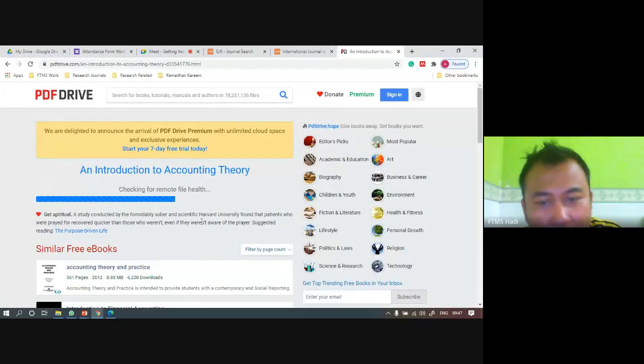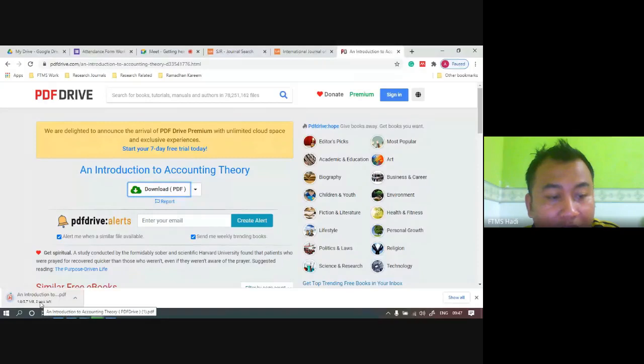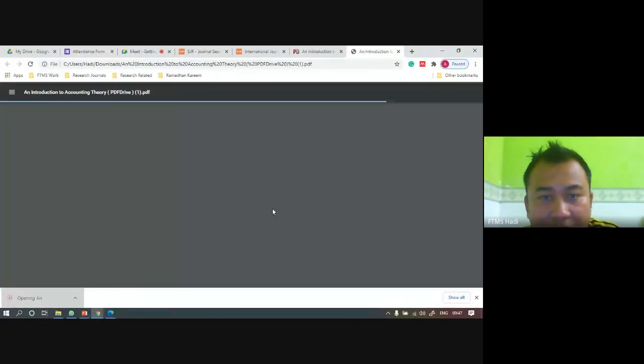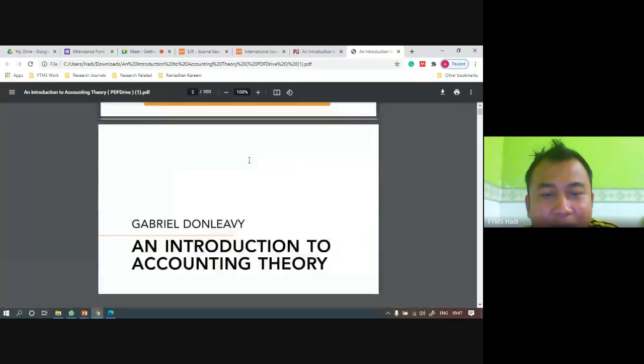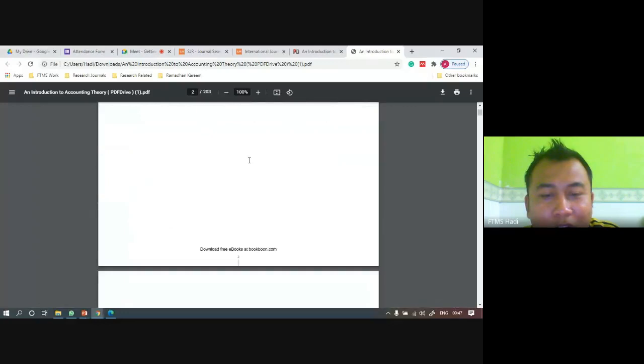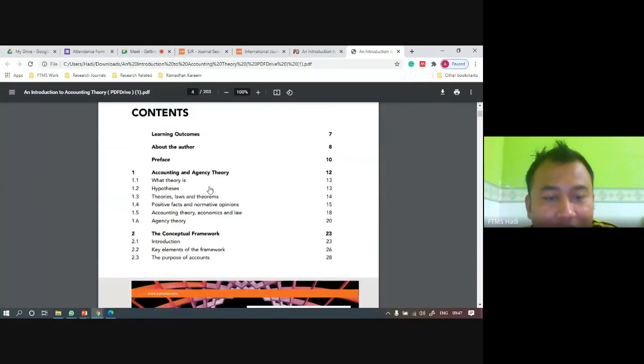From the textbook also, you can have a look at the syllabus, and it will give you an idea on what topic you want to work with and what theory you want to have. Okay, I'm not expecting you to read the whole book, but you can have a look at the content.